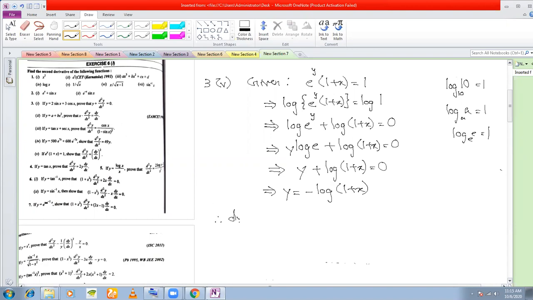Now you can find dy dx and d2y dx2. Therefore what is dy dx? Dy dx is, how do you differentiate log? You take minus out first. Minus d dx of log 1 plus x. Let me give a bracket here.